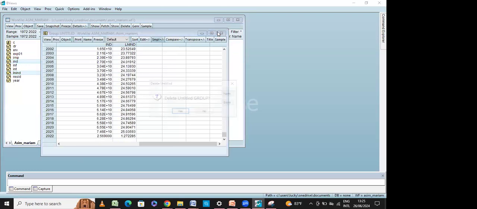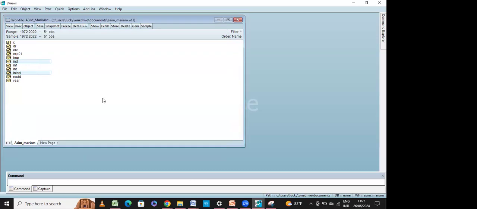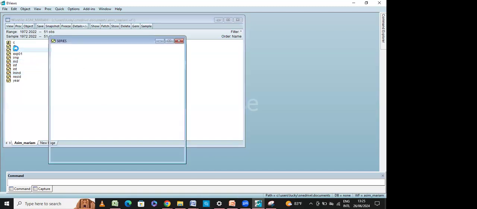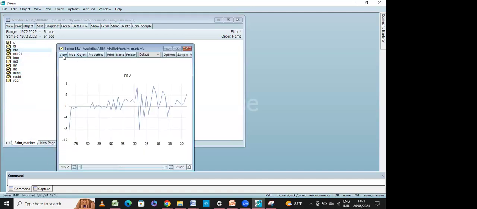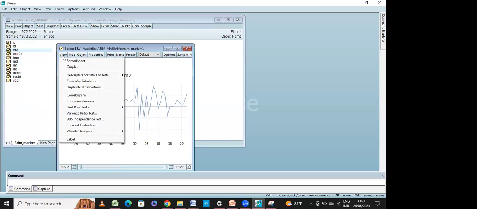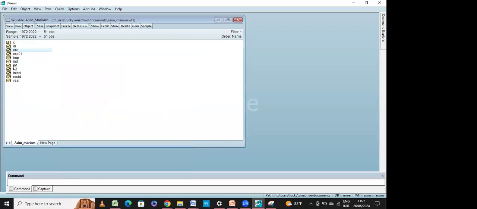I have had queries from a lot of students asking whether we can convert negative values into log form. Yes, in EViews we can easily convert our values into log form.